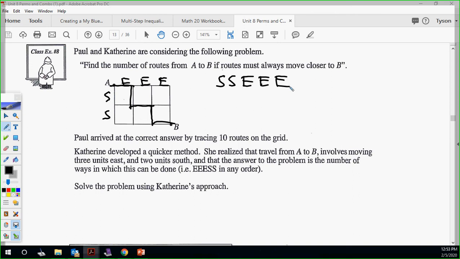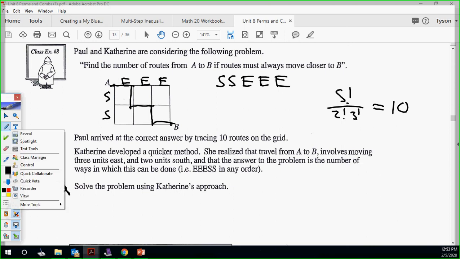So it's 5 factorial over 2 factorial, 3 factorial, which gives you 10. That's how you use repetition for direction. And we just did this part here, solving it using Catherine's approach. Okay, any questions on that? Okay, all right, so I'll pause the video.